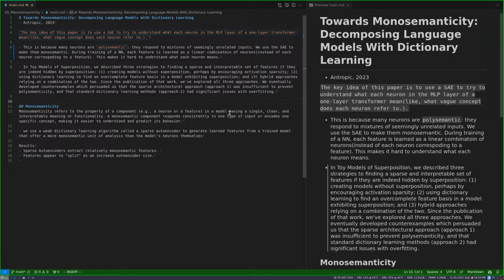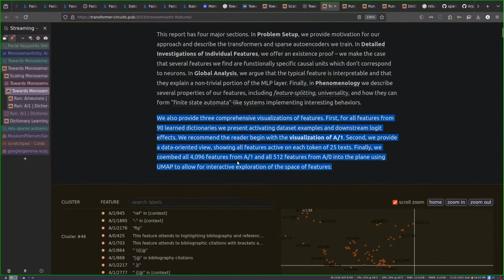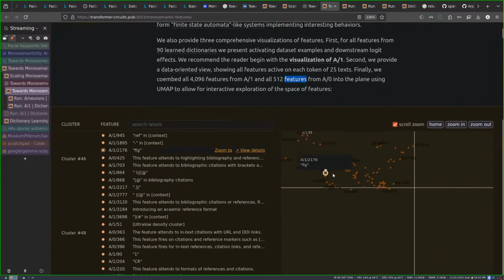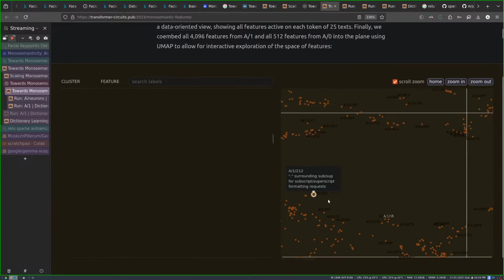So one feature corresponds to a linear combination of neurons in a layer. We don't want that. We want one feature per neuron per layer. So that is what this paper is trying to do, making the neural network monosemantic.